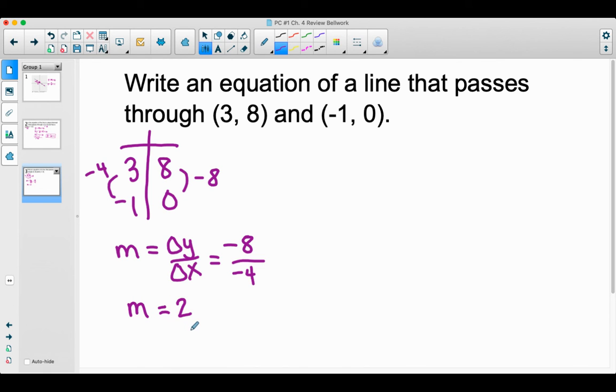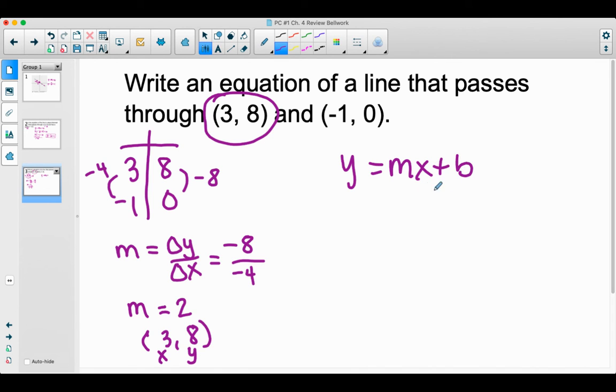And then my next step is to pick a point. So we're just going to pick 3, 8. I could pick negative 1, 0. It doesn't matter. So if I have the point 3, 8, 3 is my x, 8 is my y. So now we're going to go into y equals mx plus b and plug in our information. Our y is 8. Our m we just found was 2. Our x is 3 plus b.